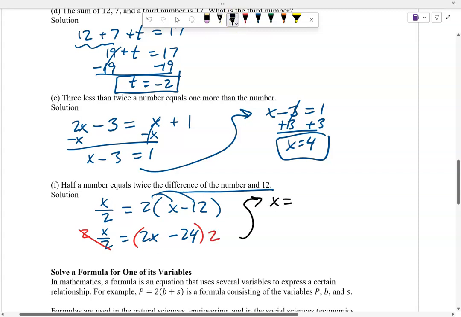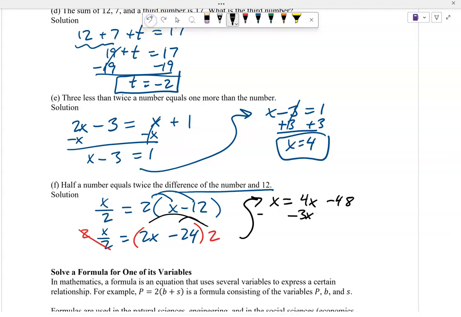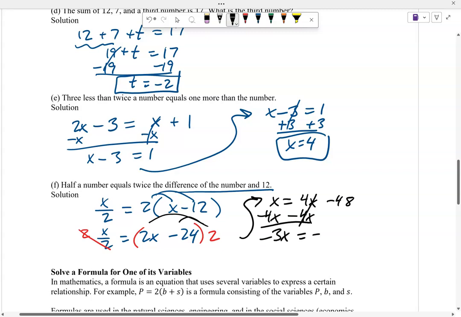So I have x equals, and I'm going to distribute that now. 2x times 2 is 4x. 2 times negative 24 is minus 48. Now I want to get all my x's on one side. So let's subtract 4x on both sides so that I get a negative 3x. And now let's divide by that negative 3. And so our x ends up being negative 48 divided by negative 3, which is a positive 16.